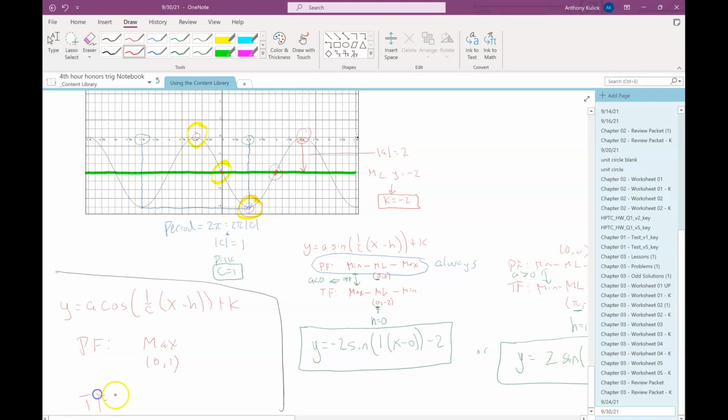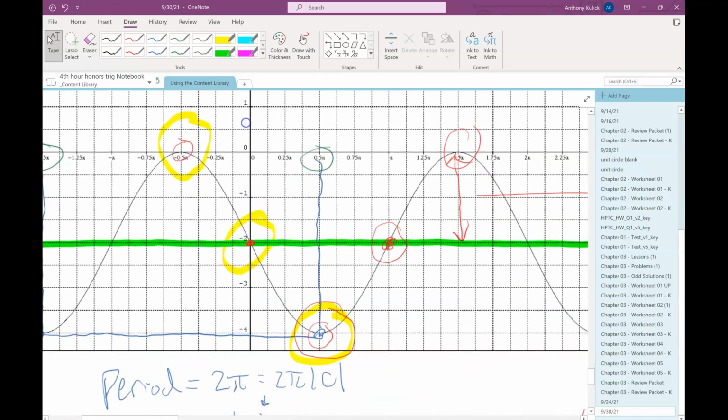For my transformed function, I can pick any extreme point that I want. For example, I could pick this -pi/2, 0, or I could pick this +pi/2, -4. It doesn't matter which one I pick.